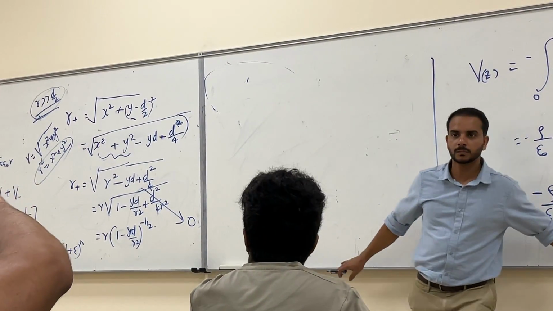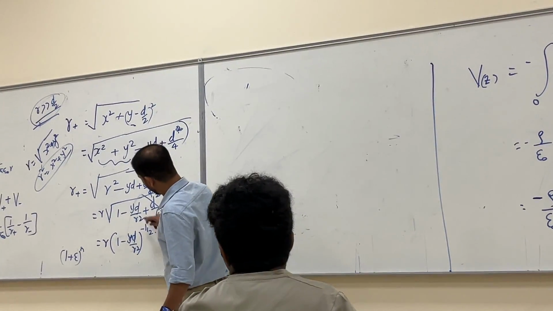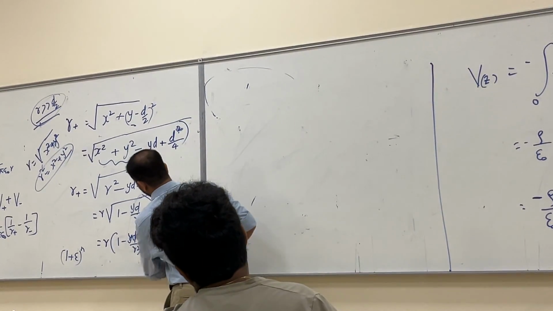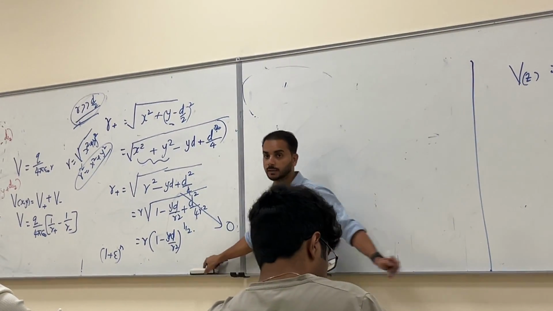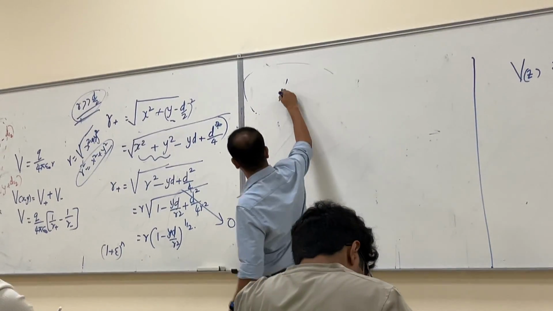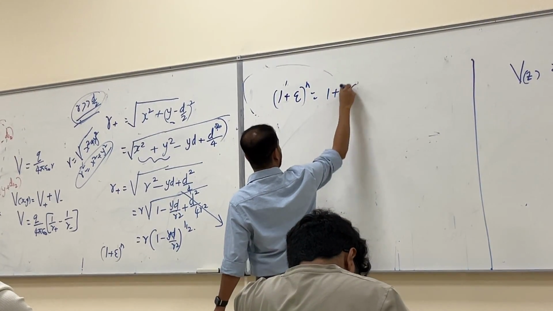Professor, why is it minus half, the power minus half? This one? Yes. So if this is my square root, right? Sorry, this is not minus. So this is the square root. Now I have this one. This will be 1 over LH.